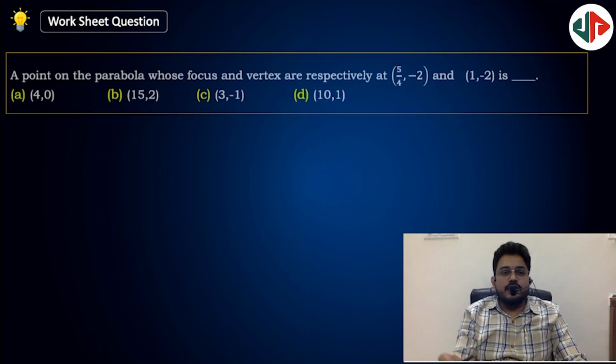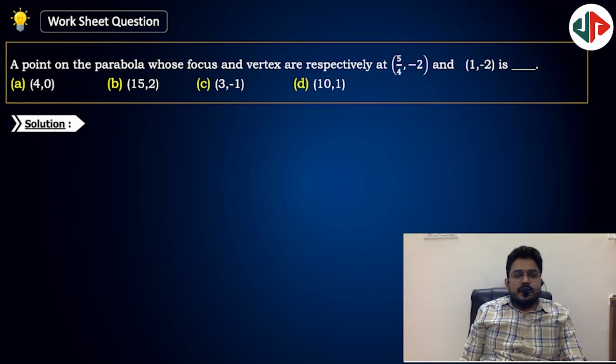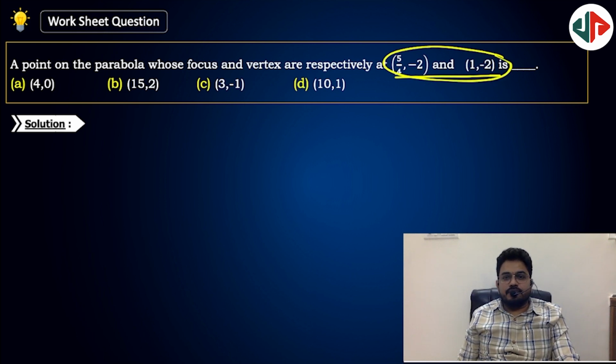And the next question is a point on the parabola whose focus and vertex are respectively this. So you need to check the parabola and which of these are satisfying. So you look at here, y value is not changing. Okay.